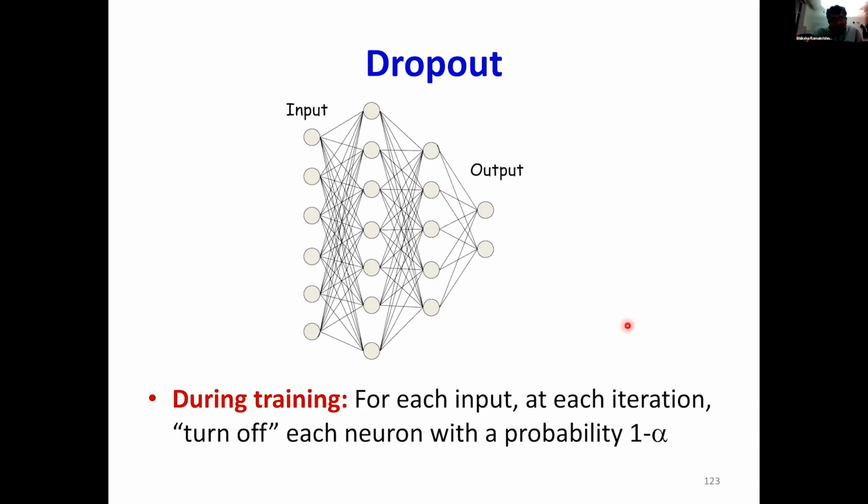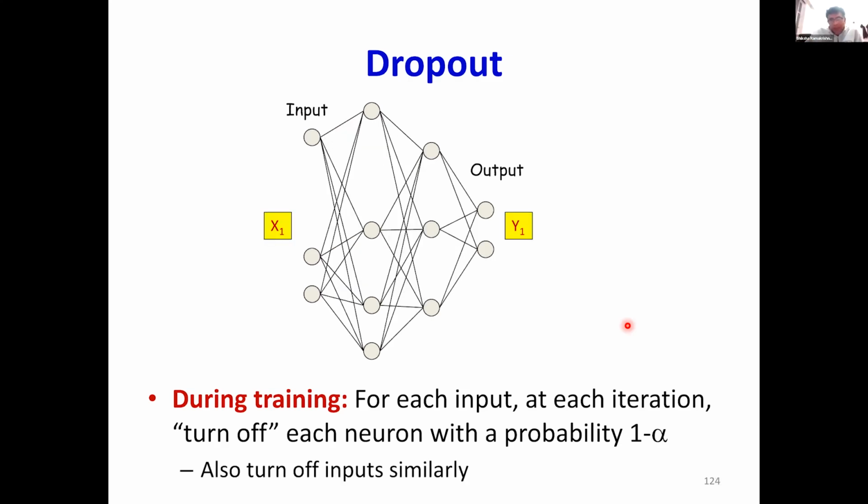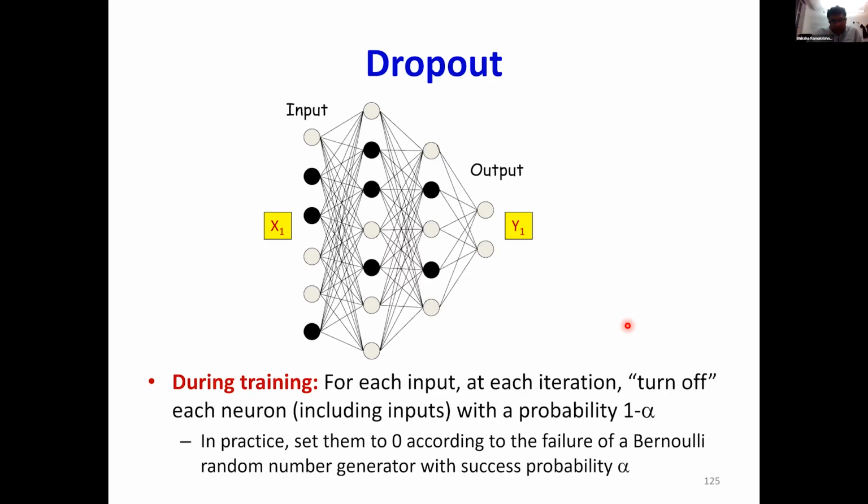And if it comes up heads, you keep it. Otherwise, you delete it from the network. The manner in which you delete it is you don't actually need to delete it. You just set it to 0. In practice, you just set it to 0 according to the output of a Bernoulli random number generator with success probability alpha. That's the equivalent of a coin flip with probability of heads alpha, right?